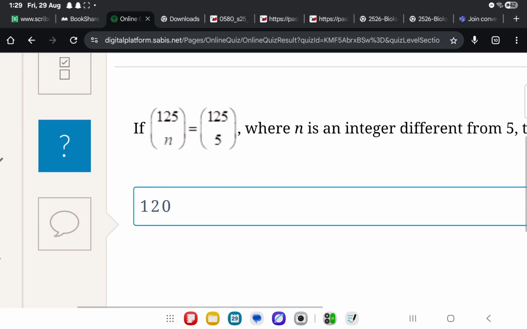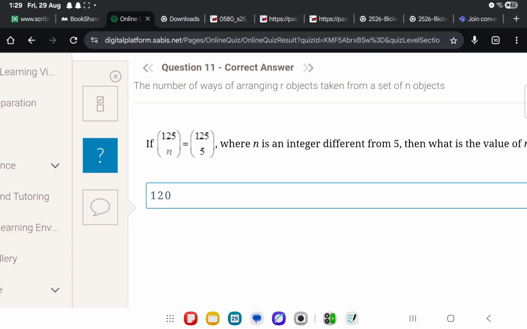Oh, this is a perfect example of the thing that I said in the first question about the combinations. Remember, first of all, these two have to add up to 125. These two always have to add up to 125. And if you subtract 125 minus n, you're going to have to get 5. So you can do it both ways. I'll explain both ways. n plus 5 is equal to 125.